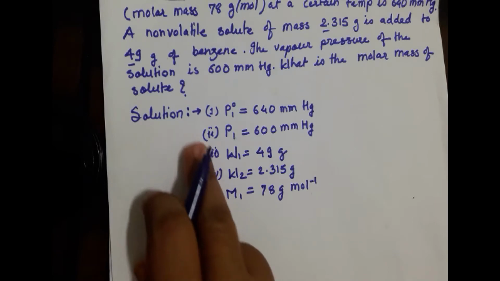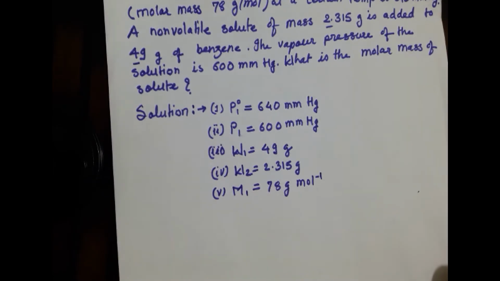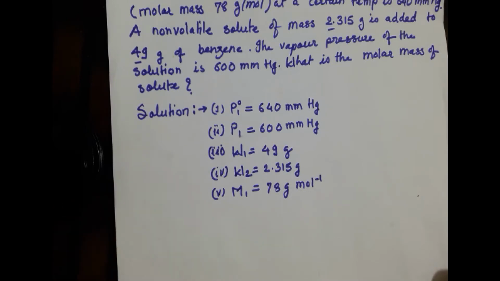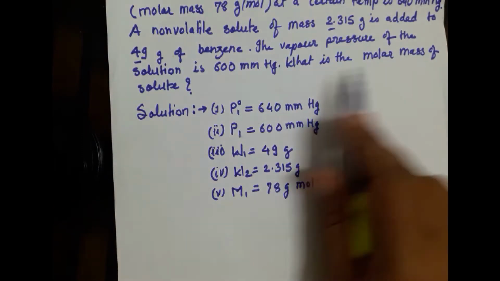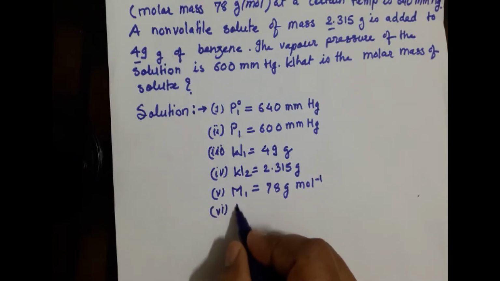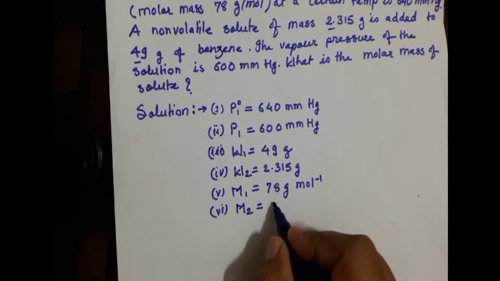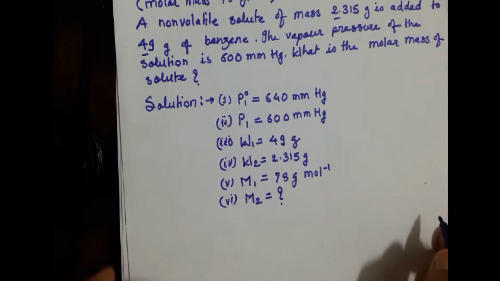So when you do it in this way, it's very easy to understand what things are given and what is to be done. Now what is asked? What is the molar mass of the solute? So molar mass M2 will be equal to question mark. So we have to find this, right?